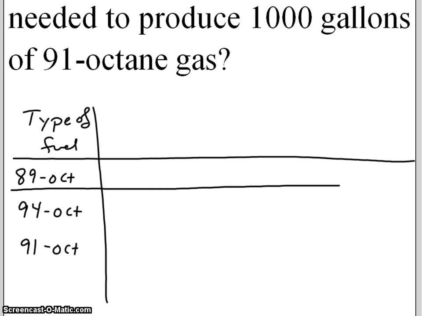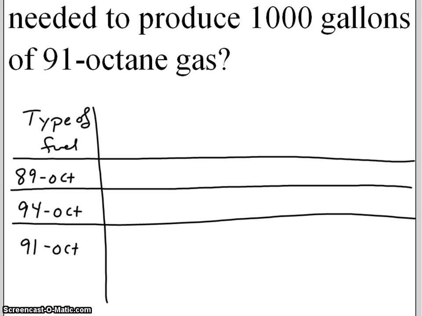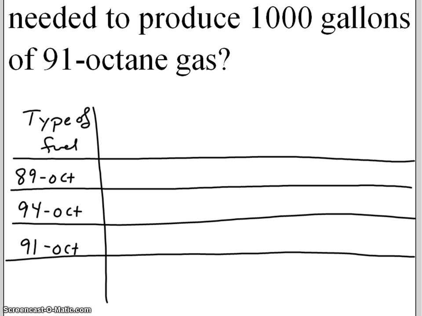Okay, since it's a percentage, we're going to want to know the quantity of octane. So we're going to talk about the quantity here, and then the percent isooctane. And basically, quantity times percent gives you a concentration.